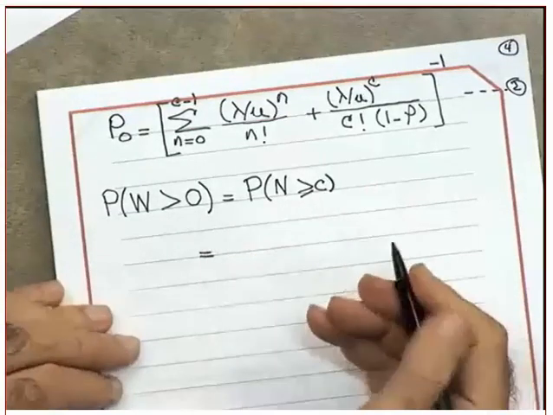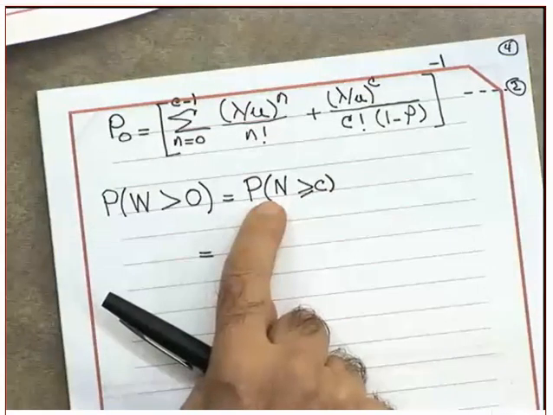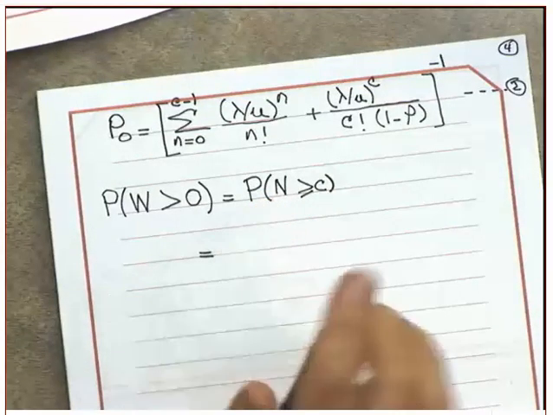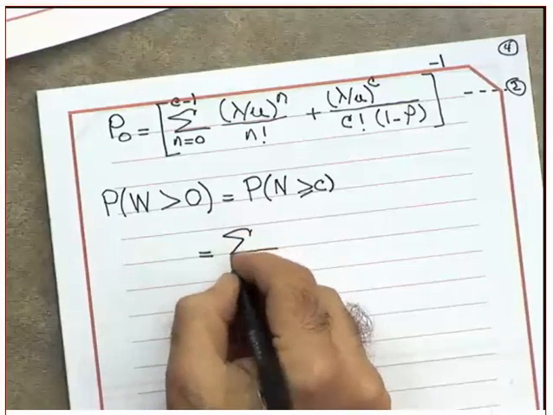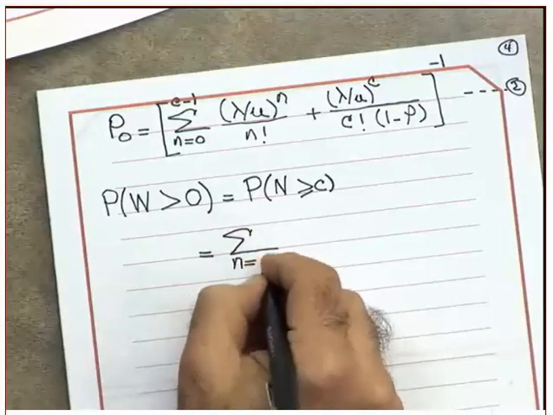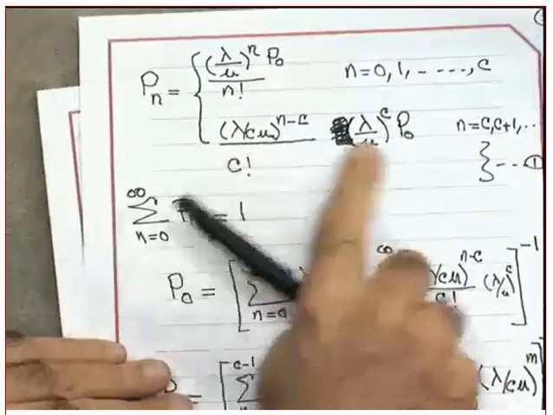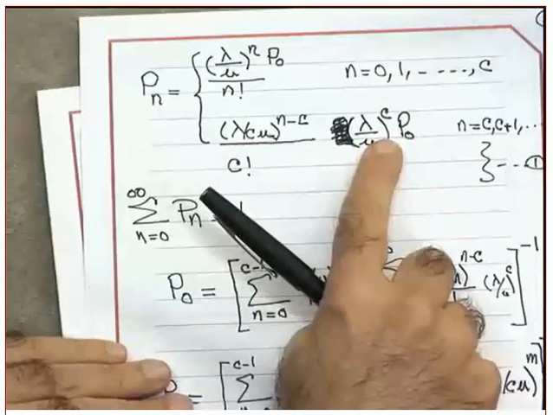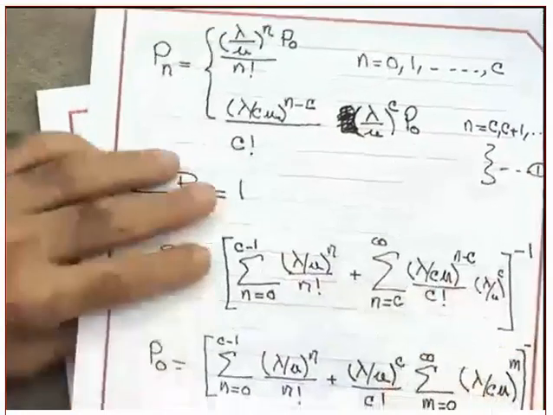What is it? By the way, this is the probability. N is a discrete random variable. So what is it? Summation from N equal to C to infinity of what? Only this equation. Do you agree? I don't worry about this equation. So what is it?